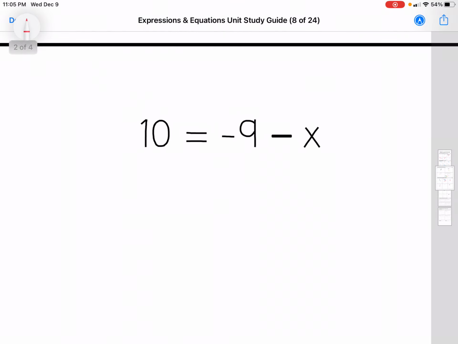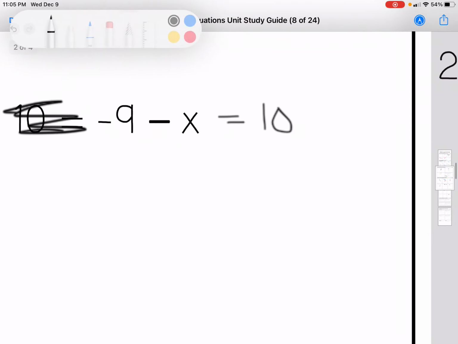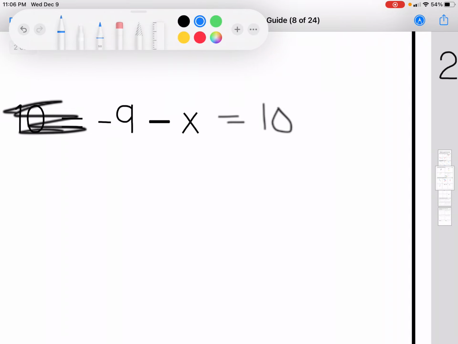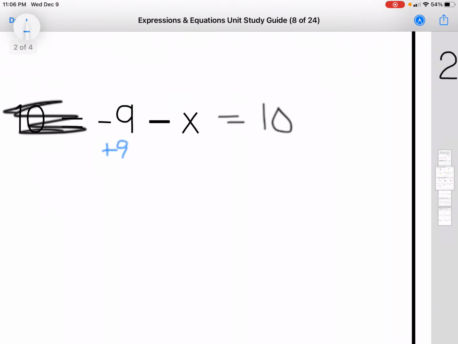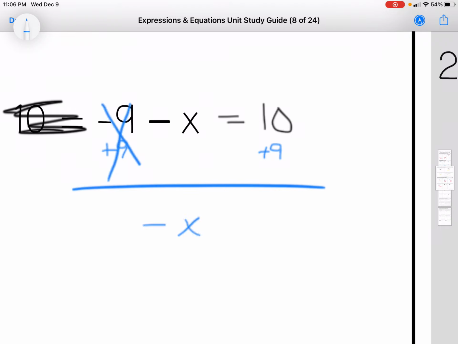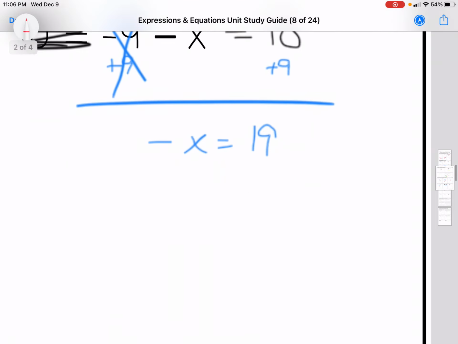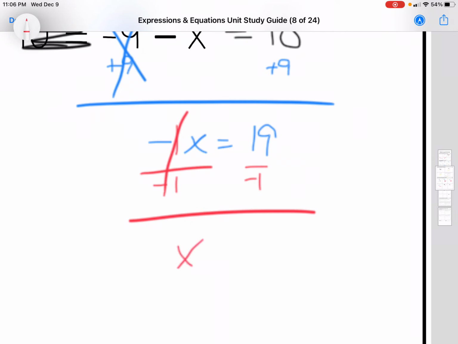If you don't like the 10 being over there, you can put it on the other side, so I'm going to go ahead and do that. Now I can work the problem out. Add 9. You're left with negative x equals 19. That is a negative 1 there, that's understood to be a 1. So you have to divide by negative 1. And it's x equals negative 19.